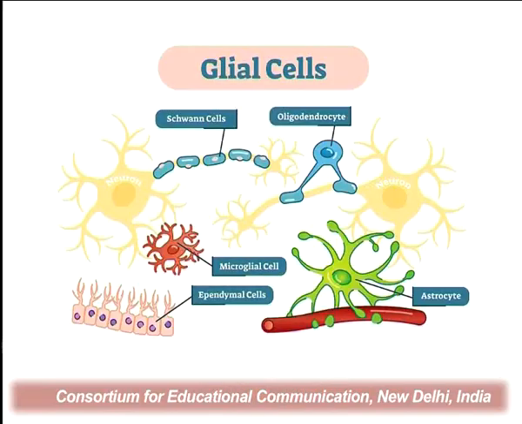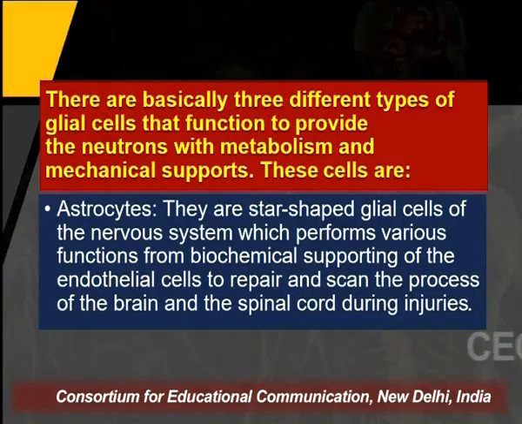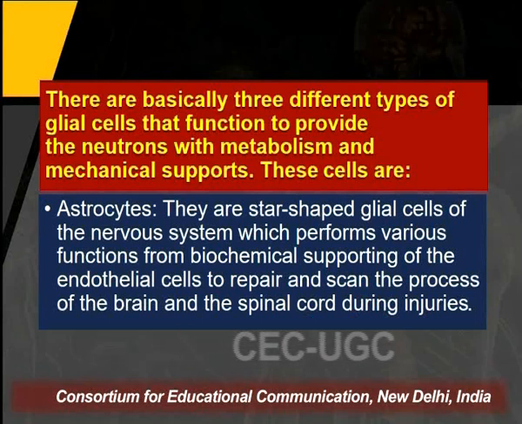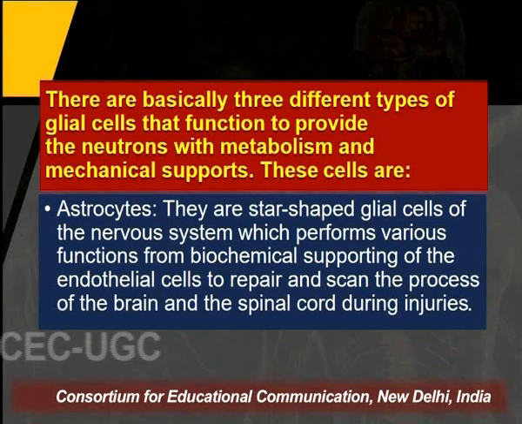Now, we'll move to the other cell, which is the glial cell, and this is the structure of the glial cell. There are basically three different types of glial cells that function to provide the neurons with metabolism and mechanical support.